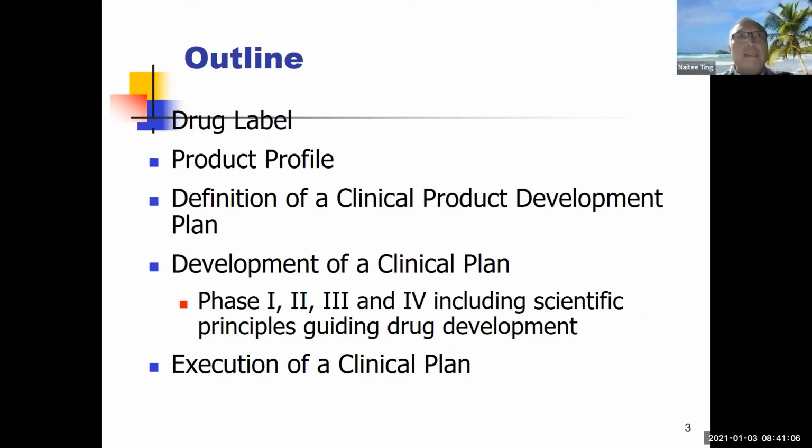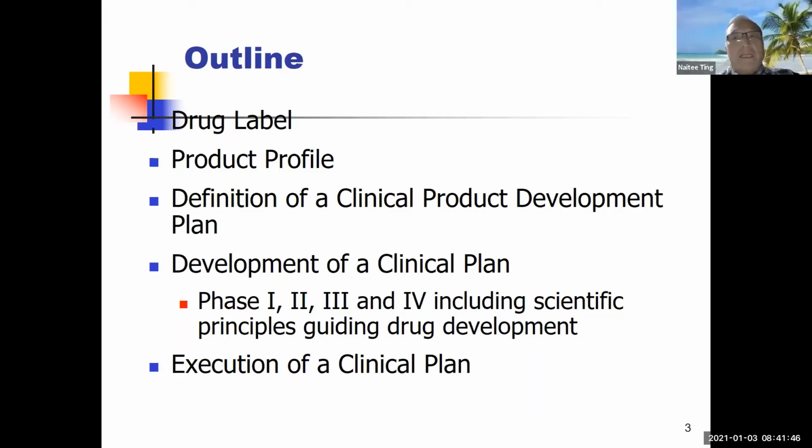On the bottom of the pyramid is all your raw data. Moving up are your summary tables, then your study reports, and then your combined analyses, which we call integrated analyses, and these reports. On the top of the pyramid is your drug label. That drug label is really the summary of all the data you collected, and I would consider it the most important document when you're developing a new drug.